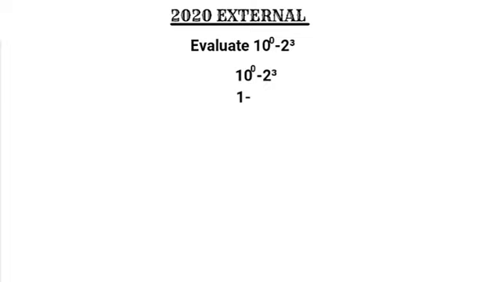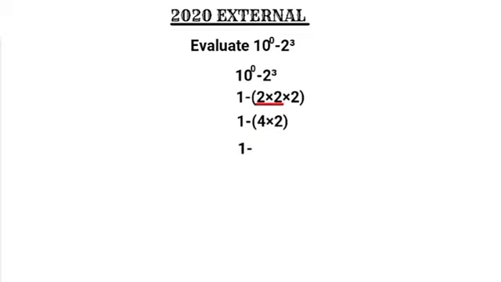Now we have written 1 minus, then we expand 2 raised to the power 3, which is going to be 2 multiplied by 2 multiplied by 2. Then once we have done that, the next thing we're going to do is write 1 minus, then multiply this one. 2 by 2 will give us 4, which will be multiplied by the remaining 2.